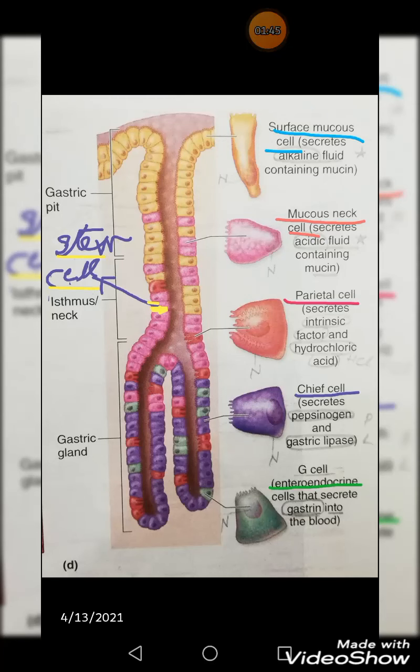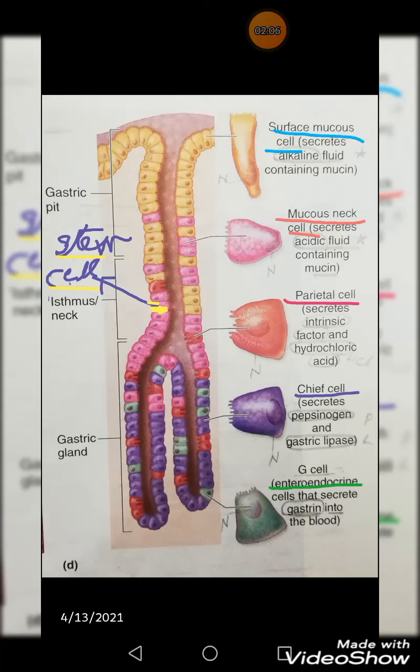Now the most important cells, the parietal cells, which are the hallmark of this area. These are called parietal cells or oxyntic cells, and they are supposed to secrete hydrochloric acid, so they are called acid forming cells.